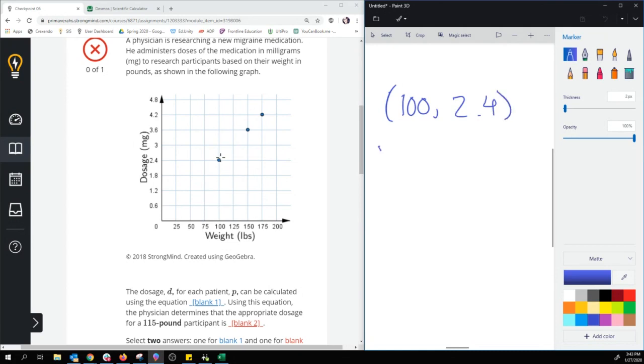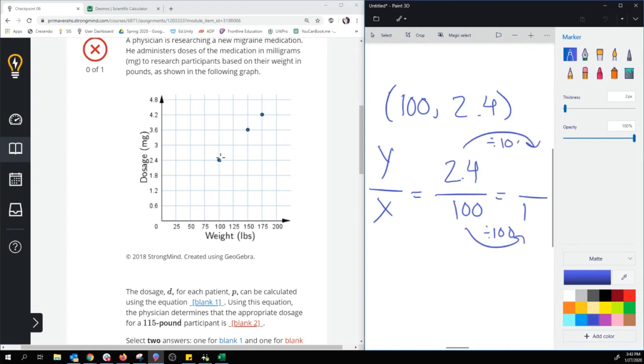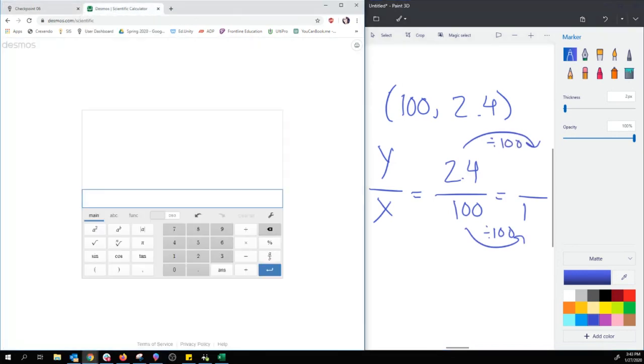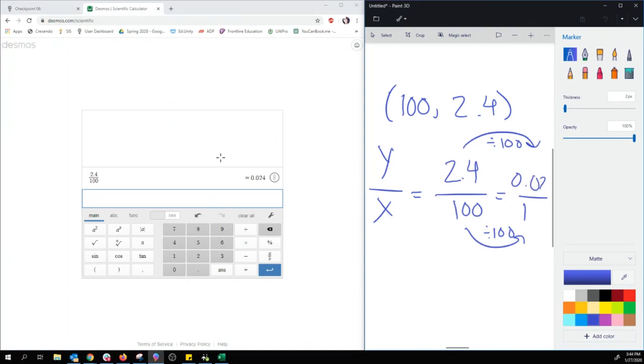So now I have to write this as y over x. That's 2.4 over 100. My goal is to get a 1, so I need to divide by 100 on top and on bottom. And that tells me I get 0.024.